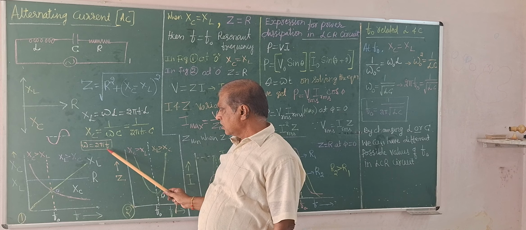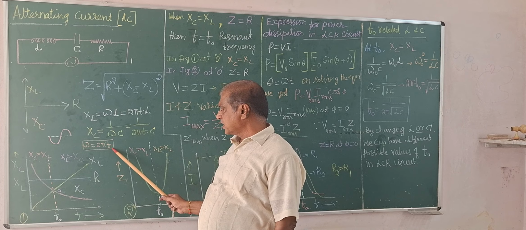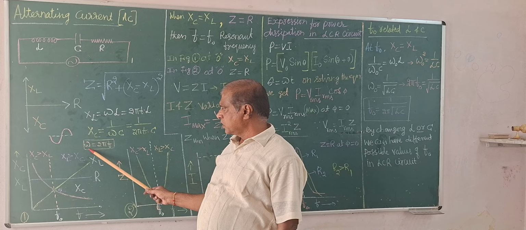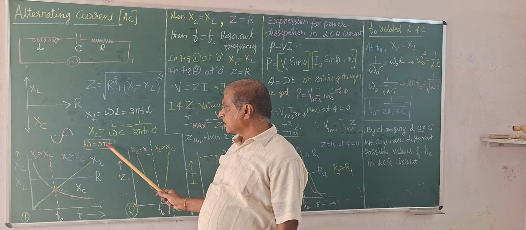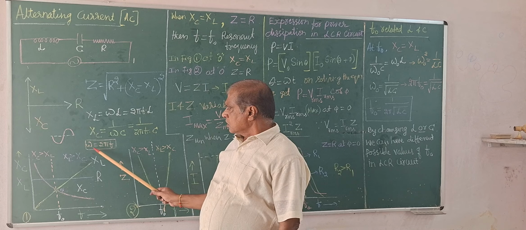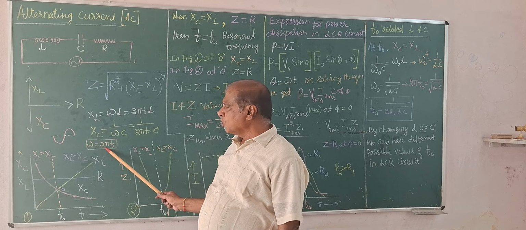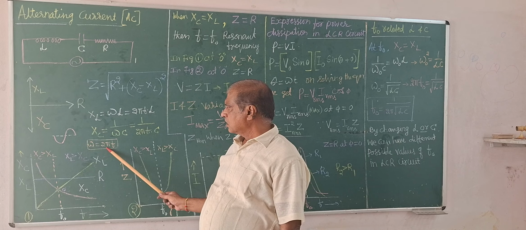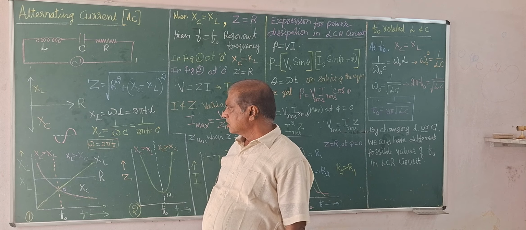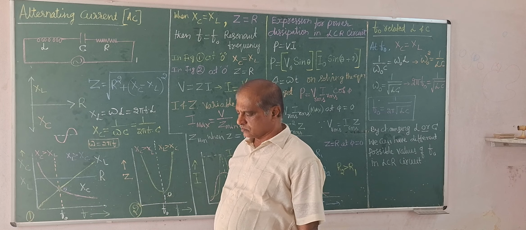Number of rotations per second, number of cycles per second: one rotation produces one cycle of AC, like this. Since one rotation is equal to 2 pi radians, one cycle of AC equals 2 pi radians. So they differ by only a factor of 2 pi into f.